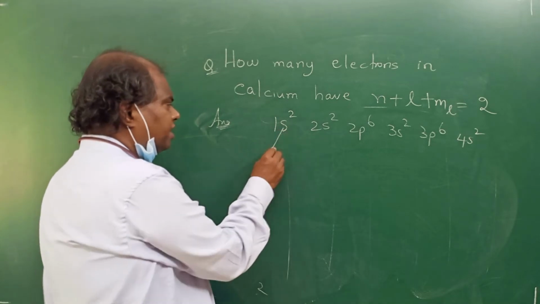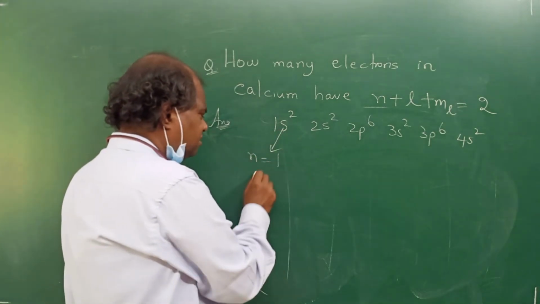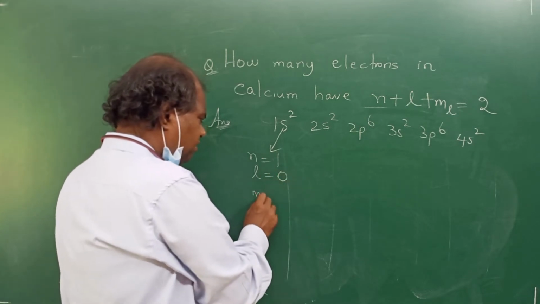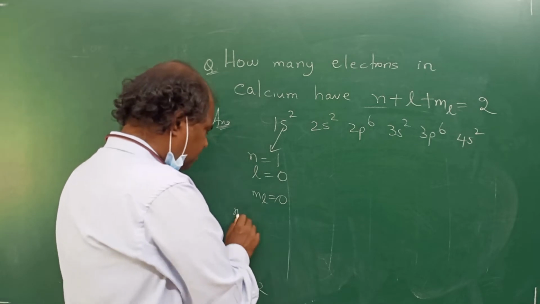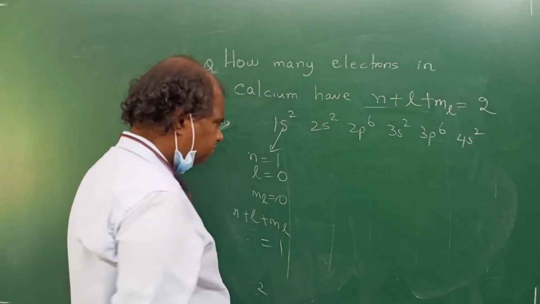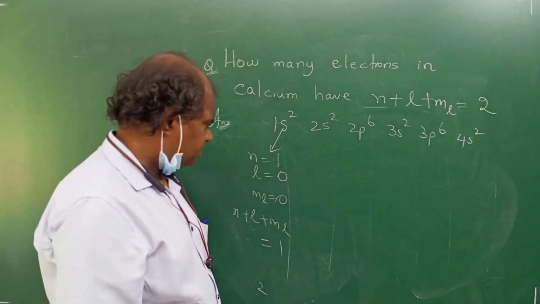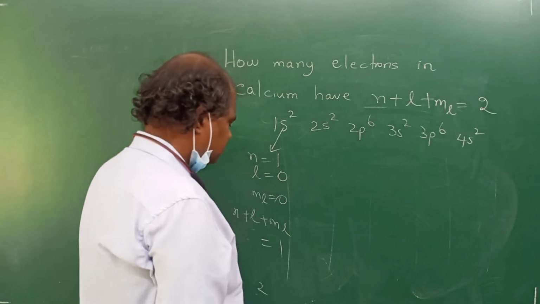Now, students, let's see for these 2 electrons. Just now we did n is equal to 1, L is equal to 0, Ml will also be 0. So, if you add up everything, tell me, what will you get? N plus L plus Ml is equal to what? You will get 1. Correct? These types of questions are very important. They are asked in the exam.